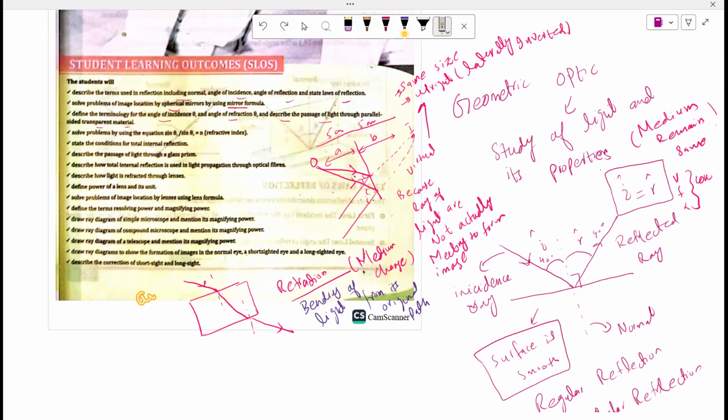So whenever light is entering from air to glass, in air the speed and the wavelength would be greater, and in glass it would be smaller. And the incident angle would be greater than the refracted angle. Now this is the refracted angle, not the reflected angle. So the ray would bend towards the normal.